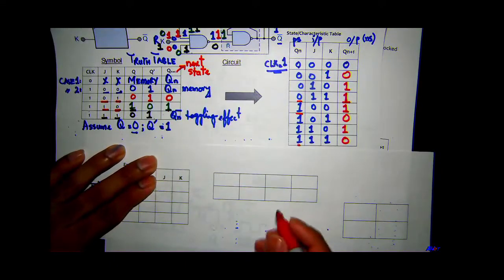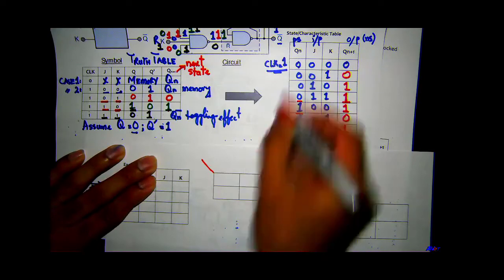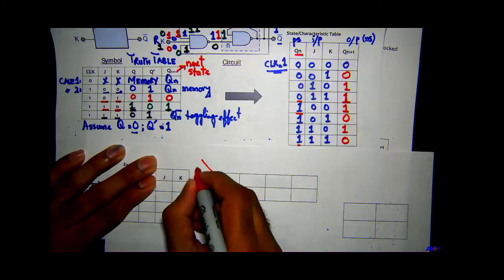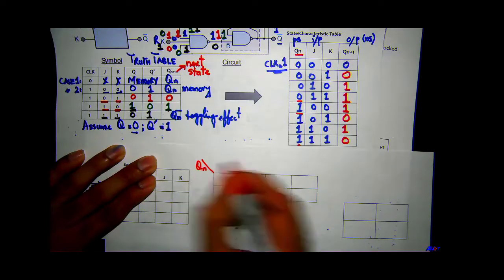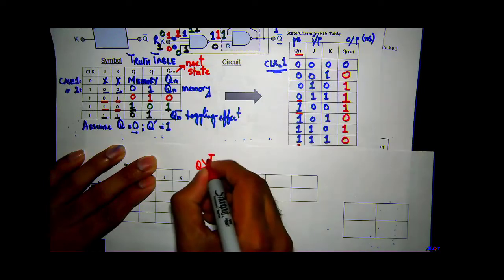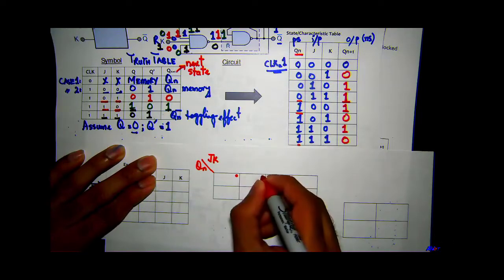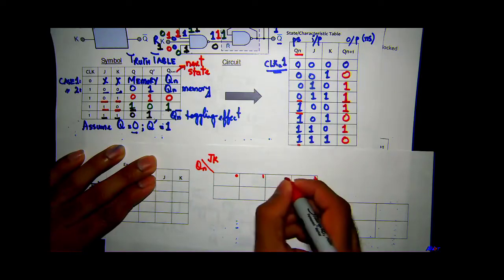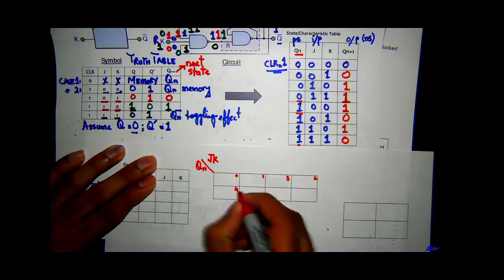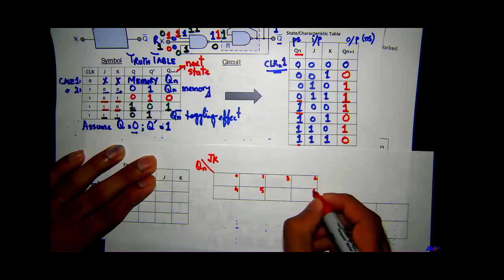Again we have this most significant bit Qn here, and then JK as the inputs. So 0 here, 1 here, 2, 3, 4, 5, 6 and 7.